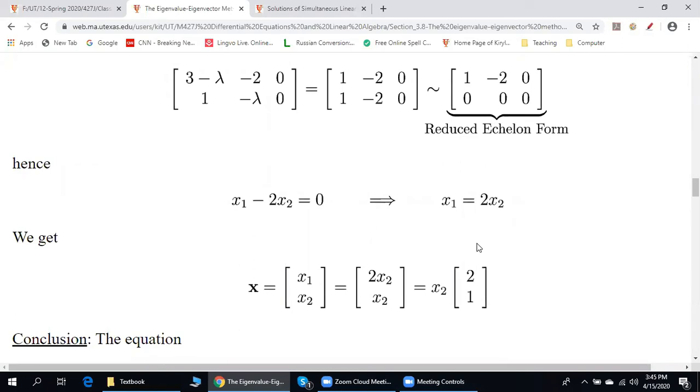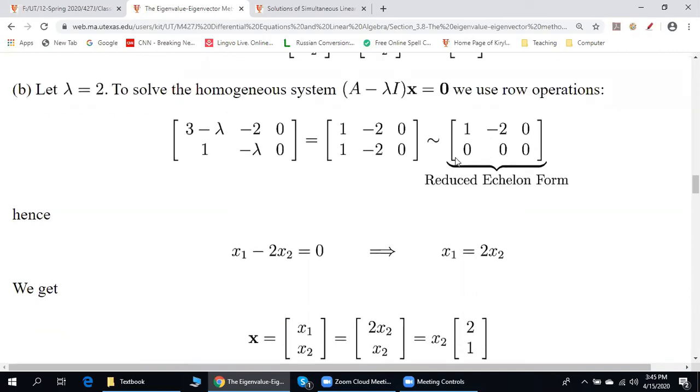If we have a non-pivot column, the corresponding variable is a free variable. Note that in this matrix, column number 1 is a pivot column, therefore x1 is a basic variable, we leave it on the left. Column number 2 is a non-pivot column, therefore x2 is a free variable, we move it to the right. Does this answer your question? Yes, thank you. Other questions?